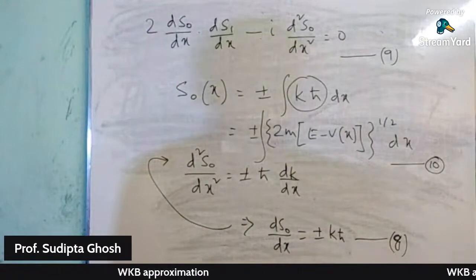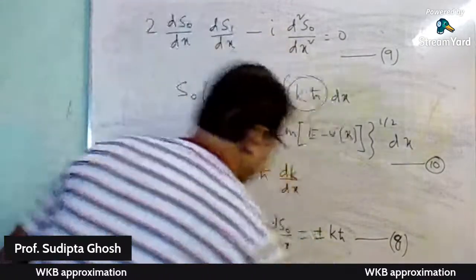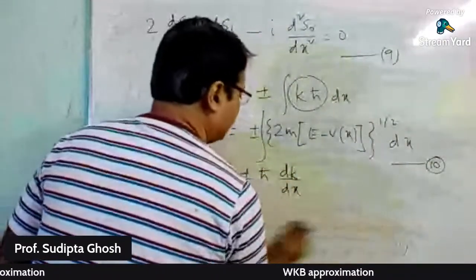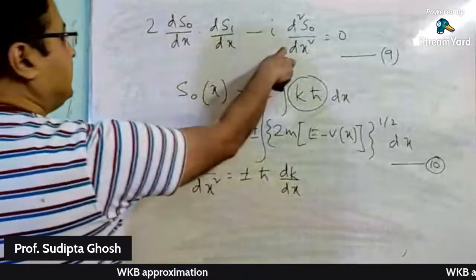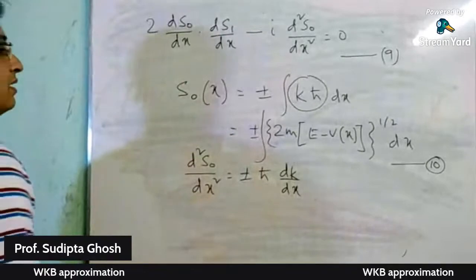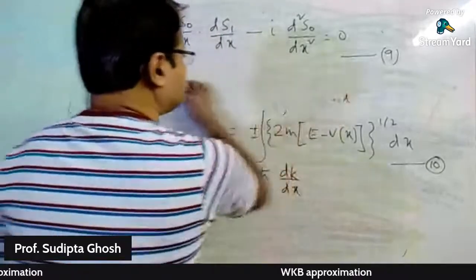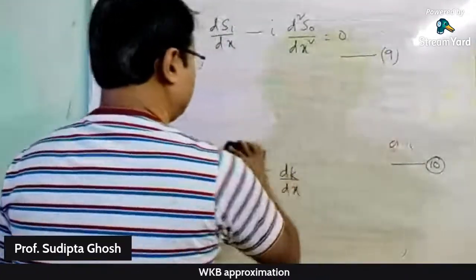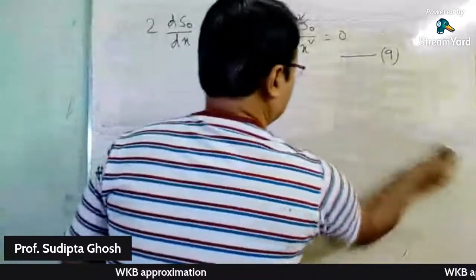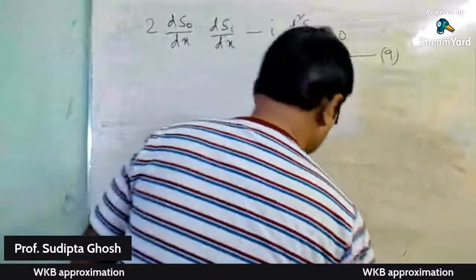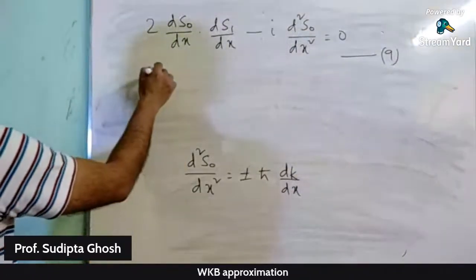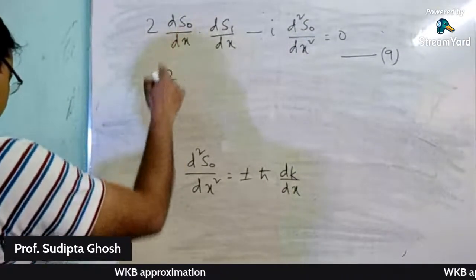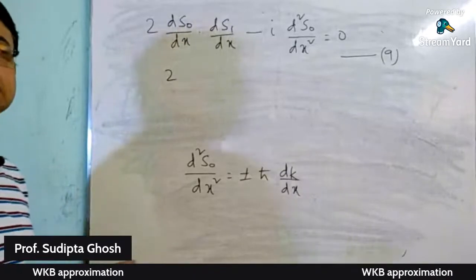Then equation 9: now putting the value, I can put this value of d²s0/dx² here in equation 9. I am removing equation 10. So equation 9 becomes 2 ds0/dx. What is the value of ds0/dx?